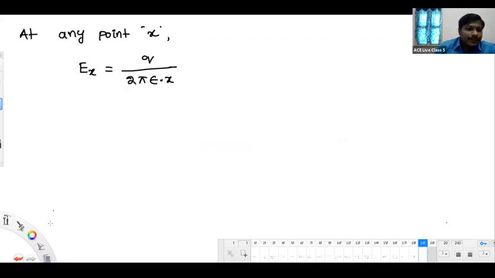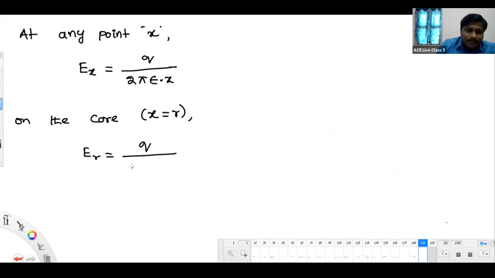So on the core surface or conductor surface, you have to replace that X with small r, so that electric field intensity will come to be Q by 2 pi epsilon into small r. X equals small r. Next, on the sheath, you have to keep X equals capital R.